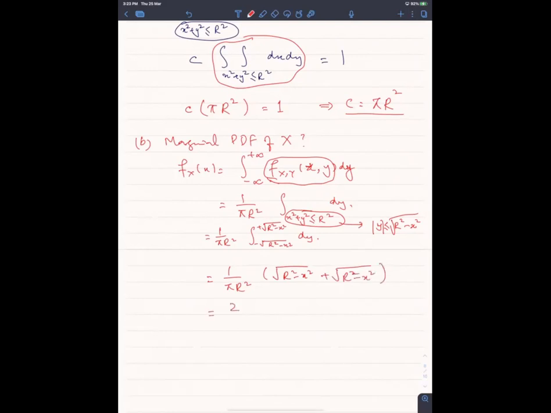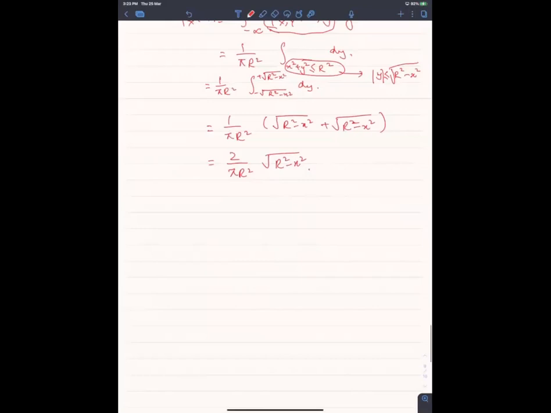So this would be equal to 2 over pi r square root of r square minus x square. So the question is, this is the density function of x.